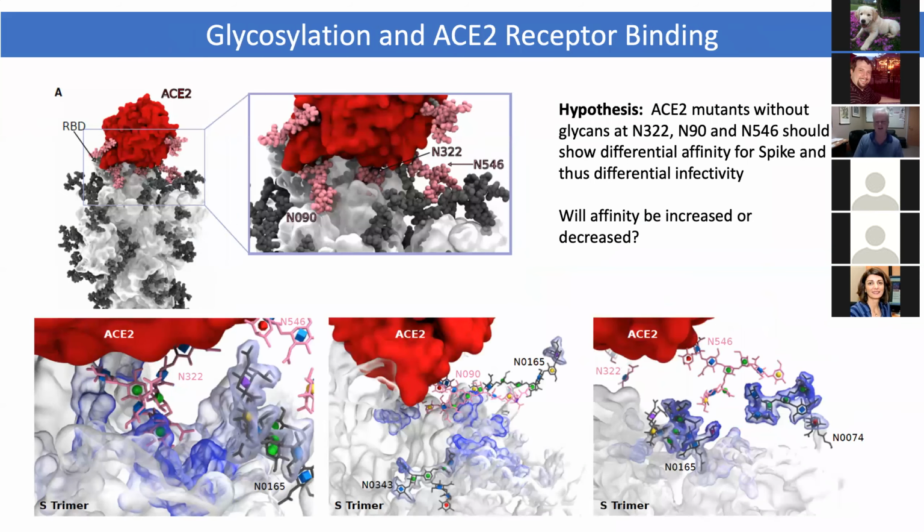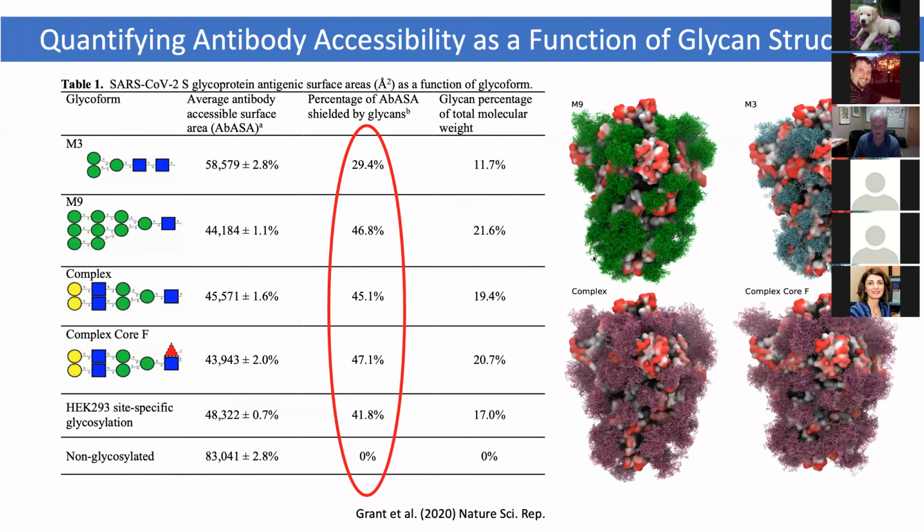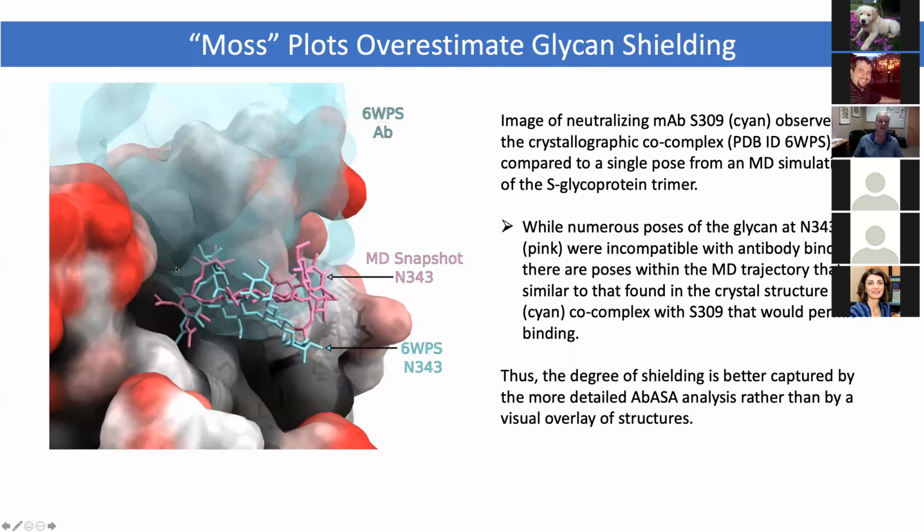Well, as much as I hate to admit it, sometimes it's not all about the glycan, right? When you look at a distribution like this, if you make a change to an underlying amino acid, it can change the region of the surface that the glycan is covering. If we take a specific case, this whole region is an area that the glycan spans, but at any given moment, there can be an orientation that allows an antibody to bind.